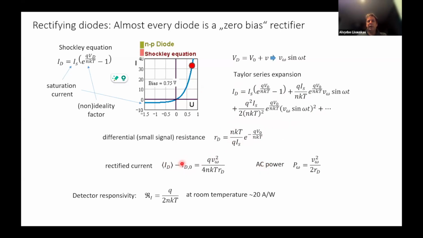And from rectified current, we have this ratio. If we divide rectified current over power we applied, we find the current responsivity, which is q over n k Boltzmann T. Well, n is the non-ideality of the exponential dependence, and at room temperature, with n equals 1, it is about 20 amperes per watt. It almost doesn't matter at which point we are. We can be at zero point or at very different points, as long as we trust the Schottky equation for a diode, we would get this characteristic.